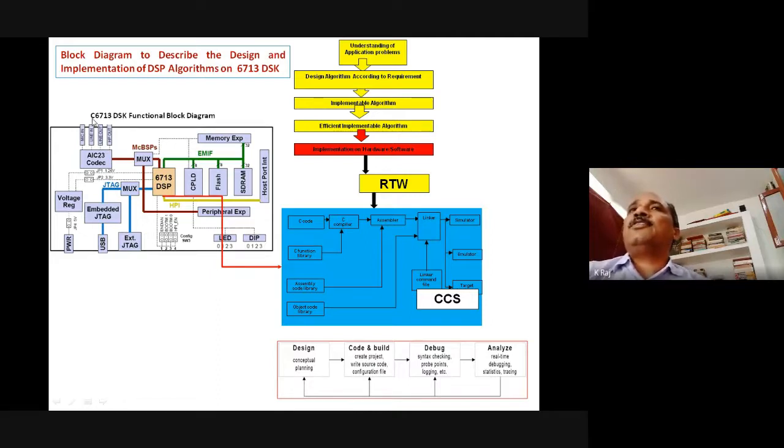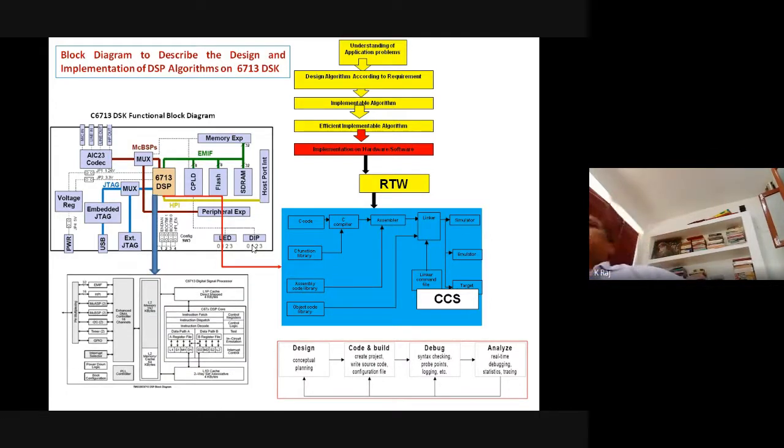And the C6713 is the name of this processor, the processor of Texas Instruments, given the name TMS320C6713 DSP processor. And these have been discussed in the previous classes. If we come to this DSP processor, then we will find the architecture of the digital signal processor.